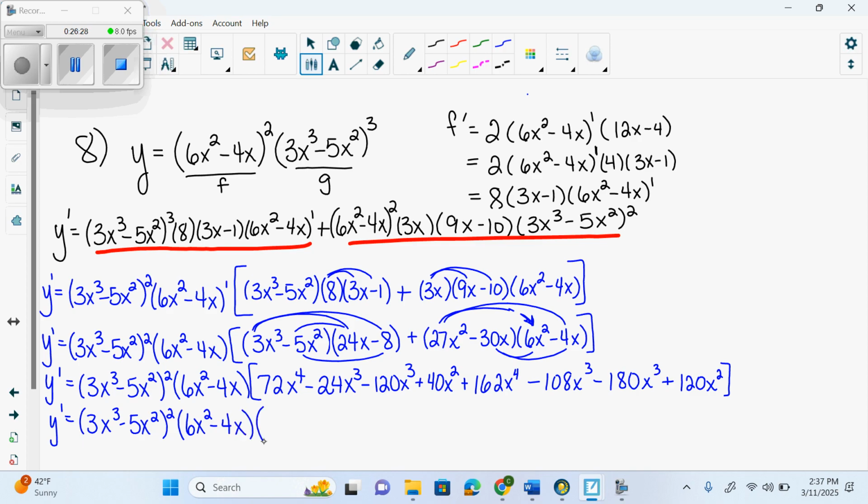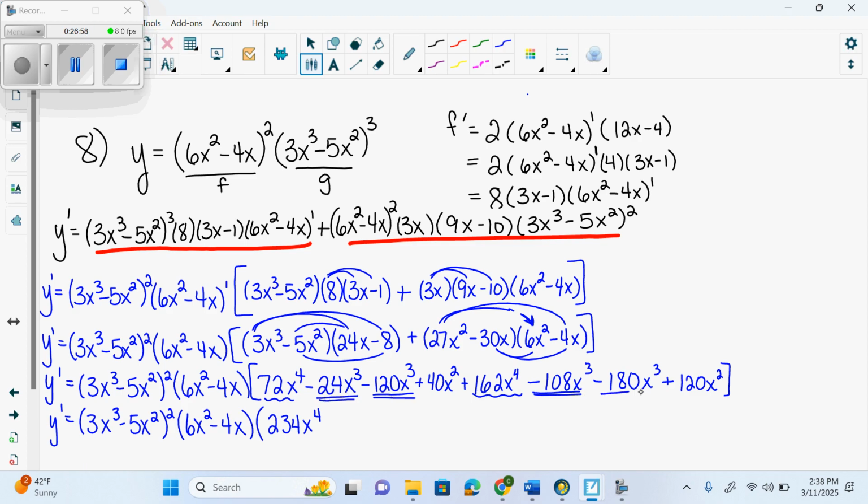Now, this is going to be fun. 72x to the 4 plus 162x to the 4, I think are the only ones. 234 x to the 4, minus 24x cubed minus 120x cubed is minus 144x cubed, minus 108x cubed, minus 180x cubed.